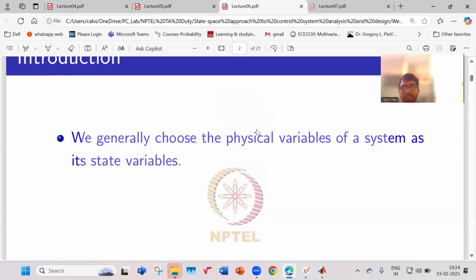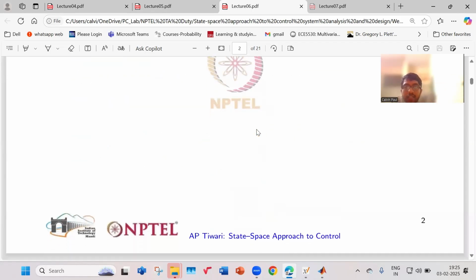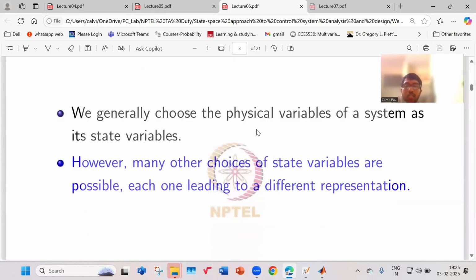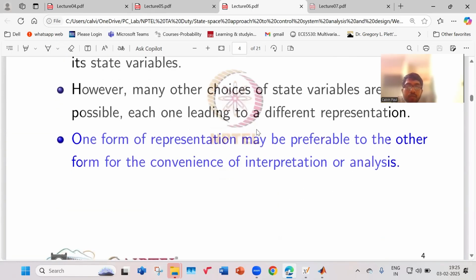But sometimes it might be necessary to represent the system in some particular canonical form such that it becomes easier to analyze the system and check its properties. That is why there are various canonical forms, and there should be a way to transform one form to another form.